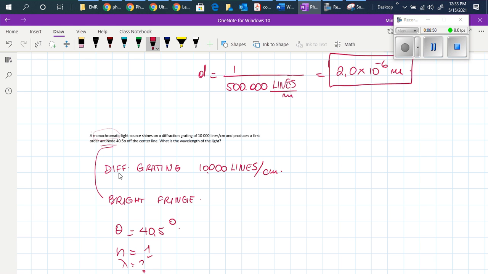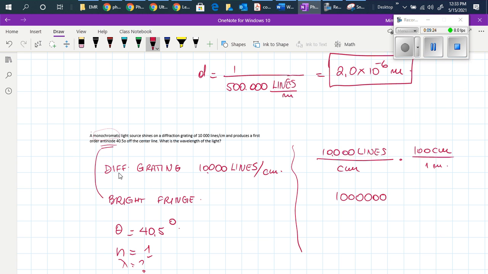Well, first we will figure out the distance between the two slits. So we'll have 10,000 lines per centimeter times 100 centimeters per 1 meter, which will give us the lines per meter.